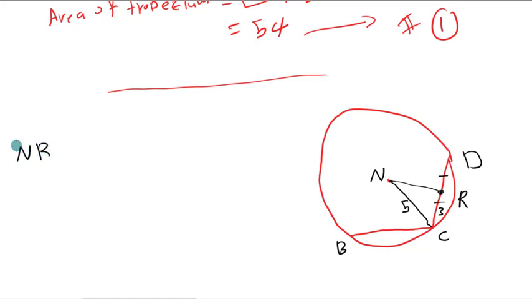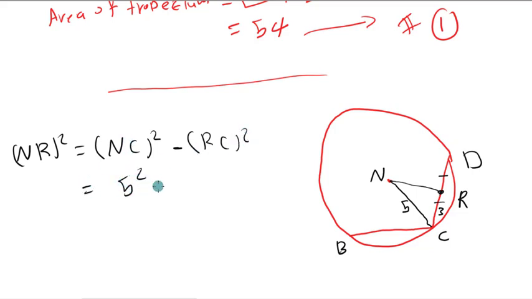NR squared equals NC squared minus RC squared, which is 5 squared minus 3 squared, equal to 16.